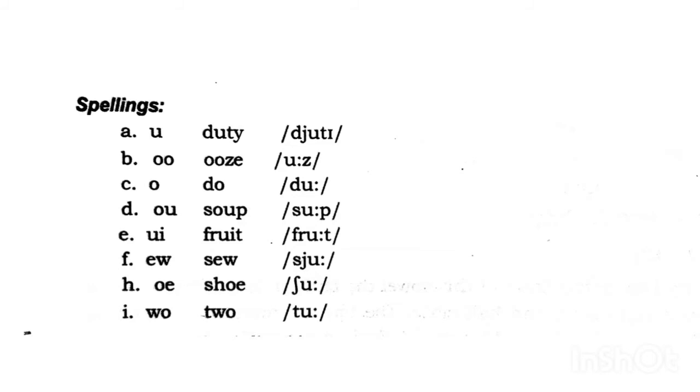Going to the next word, shoe. O and E stand for the vowel sound oo. Next word, two. W as well as O, the two letters, stand for vowel sound oo.